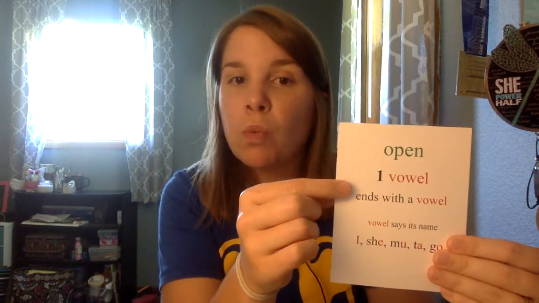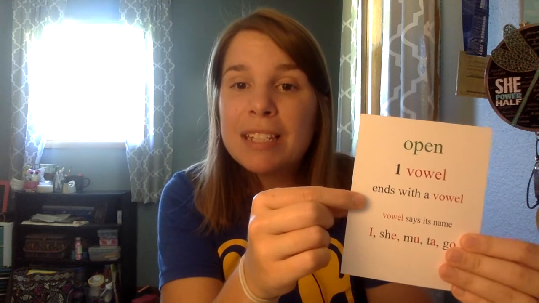There are two types of syllables, all right? We have an open syllable and we have a closed syllable. Sound familiar? I bet it does. Okay, an open syllable has one vowel and ends with a vowel.